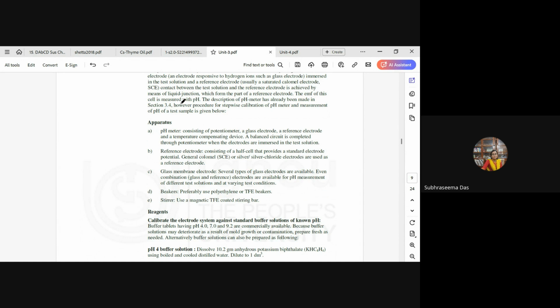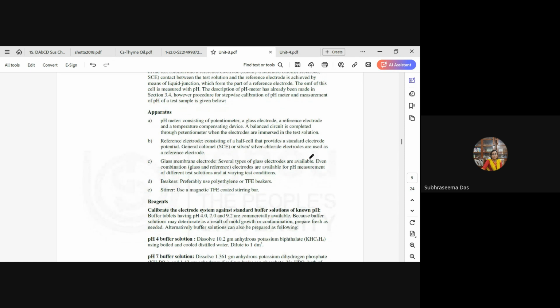The apparatus for the pH meter consists of the pH meter that contains the potentiometer, glass electrode, reference electrode, and a temperature compensating device. When the electrodes are immersed in the test solution, the potentiometer completes the circuit. The reference electrode consists of a half cell that provides a standard SCE, mostly the silver chloride.